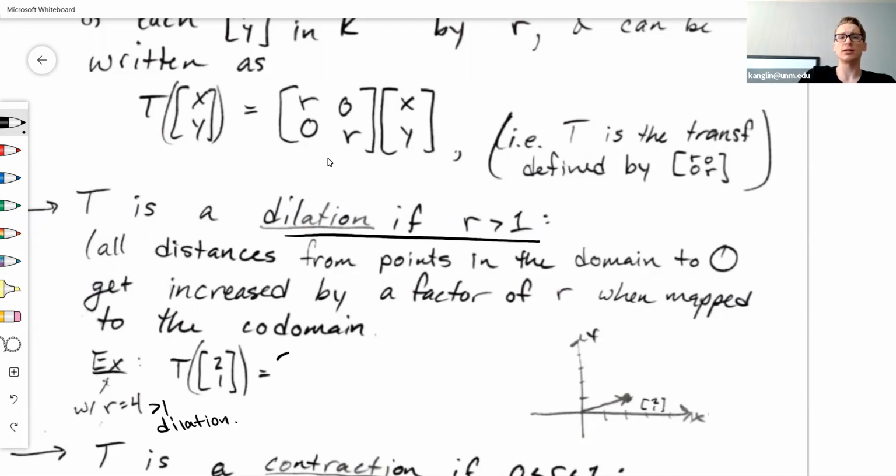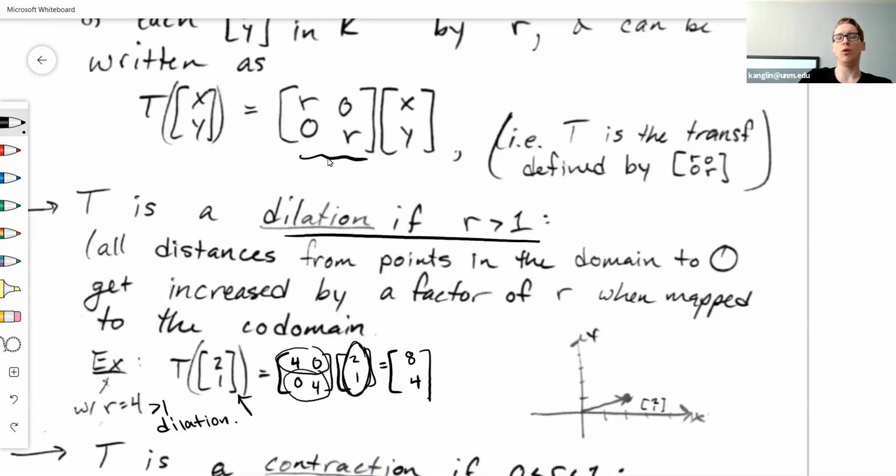So let's see what this does. Just looking at this matrix with R equals 4 plugged in and multiplying on 2, 1, we should see right away what this does. Row with column gives me 8 plus 0. Row with column gives me 4 times 1 plus 0.